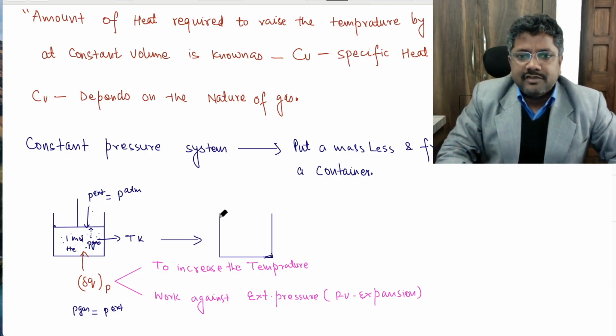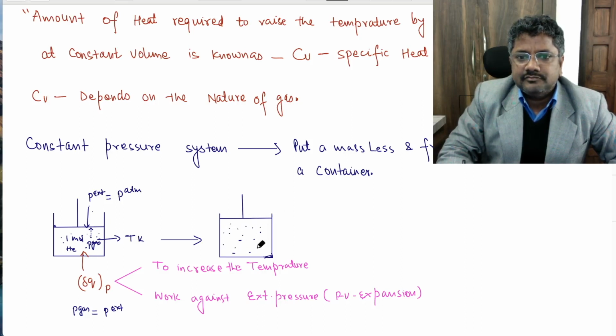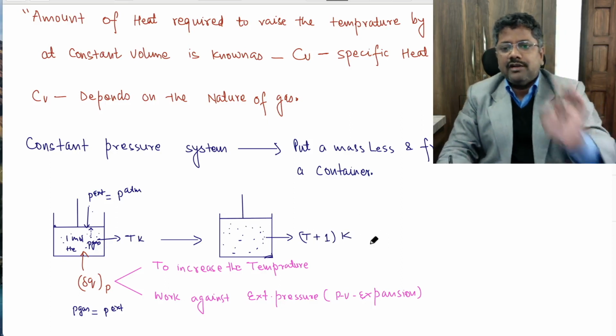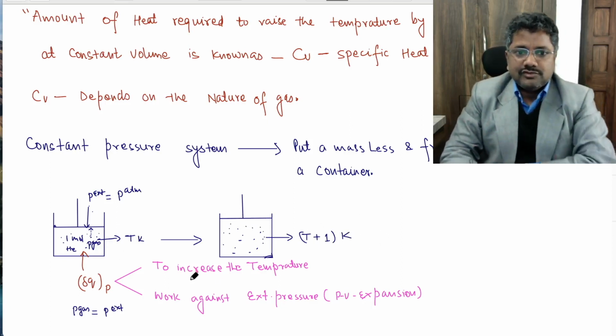this time the piston will shift a little bit. The gas will expand, and now let the temperature be T plus 1, because we want to increase the temperature by 1 degree only.